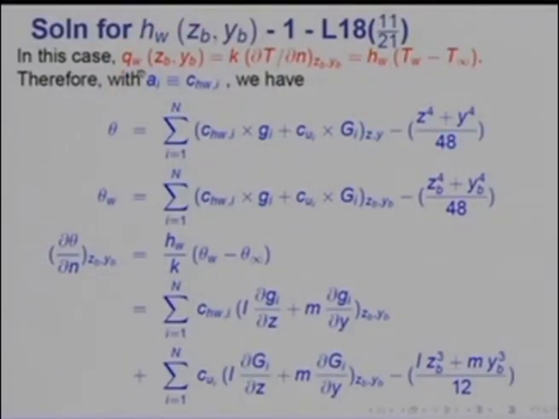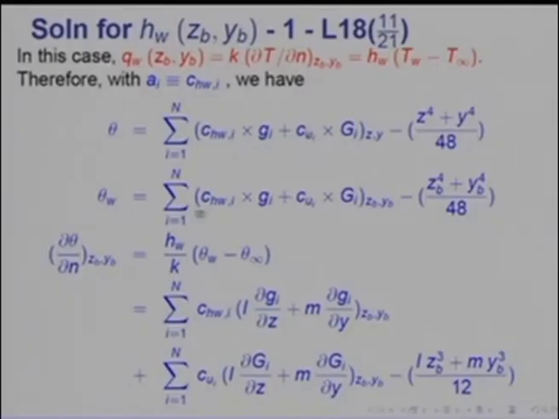As you know, the definition of Q wall is K dT dN at ZBYB, and that would equal HW into T wall minus T infinity, where HW has been specified, and T infinity is some temperature outside the duct which is known. Now, in this case AI would be HWI, and therefore, the solution would read as theta times C HWI GI plus CUI GI ZY minus this quantity.